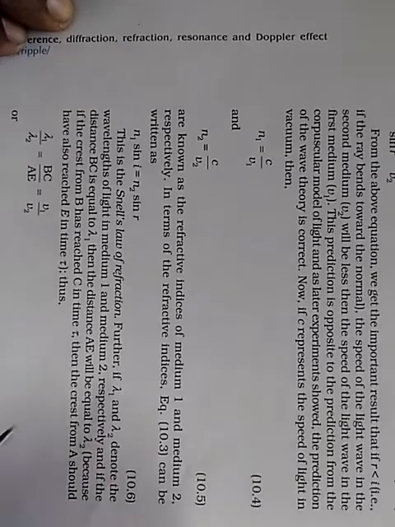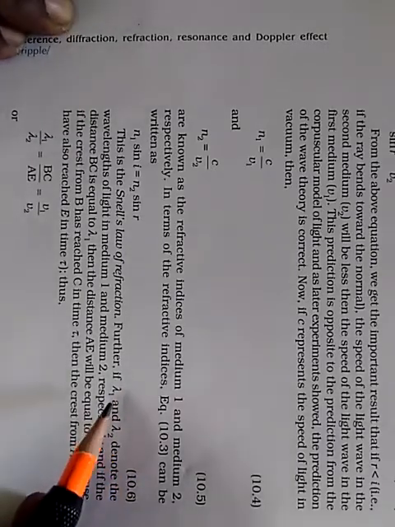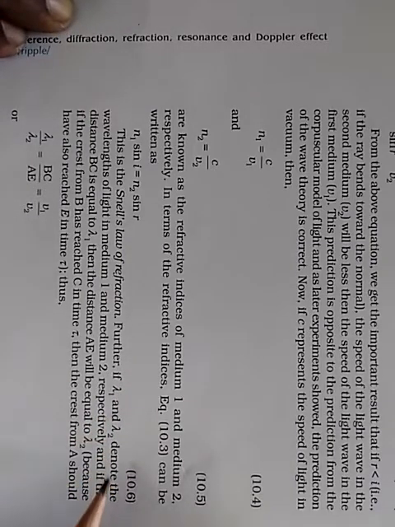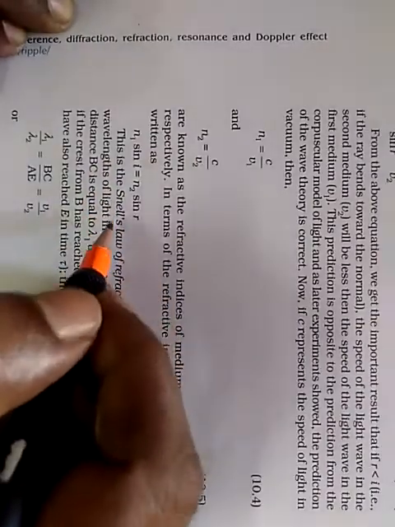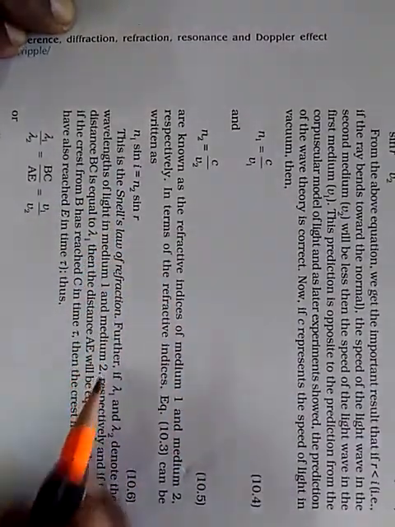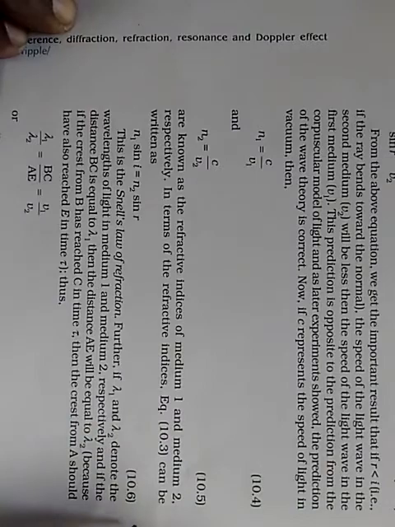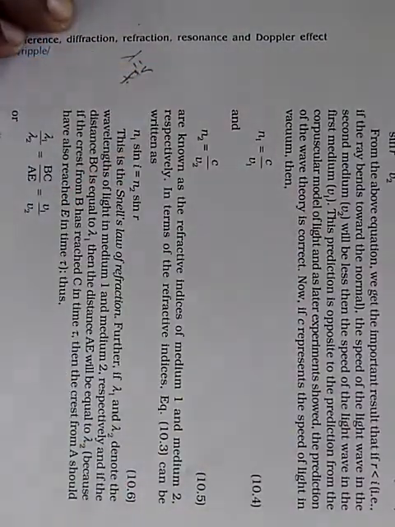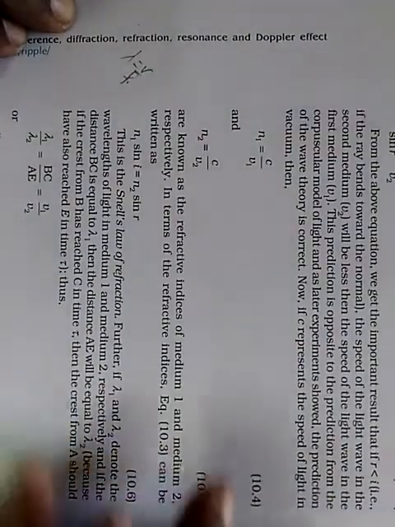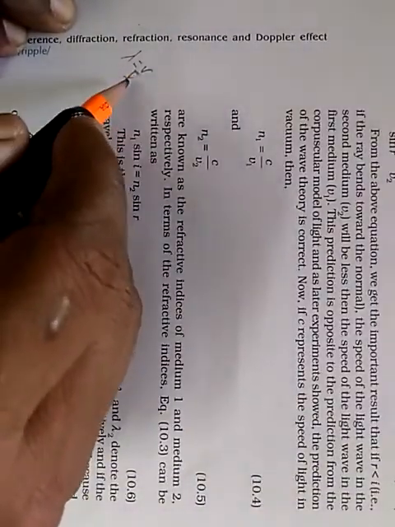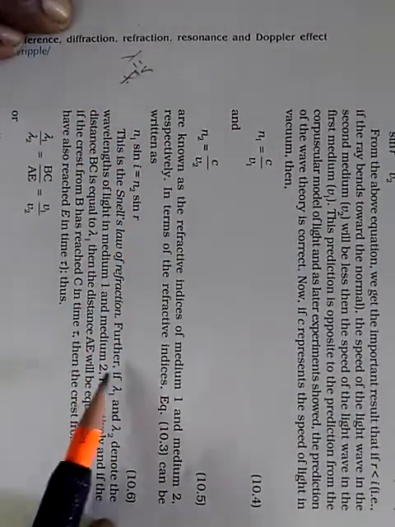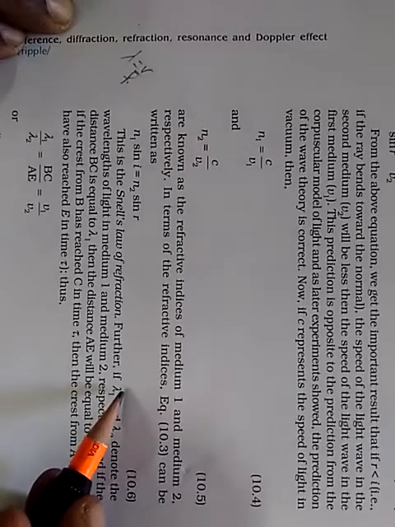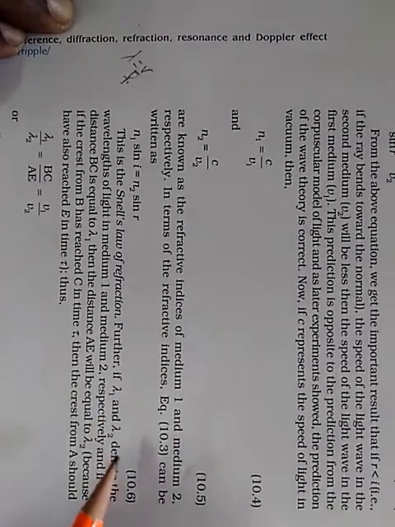Okay. So further, if lambda 1 and lambda 2 denote the wavelengths of light in medium 1 and medium 2 respectively, we all know that lambda is equal to v by f, where f is the frequency. In our textbook, this frequency is denoted by nu.